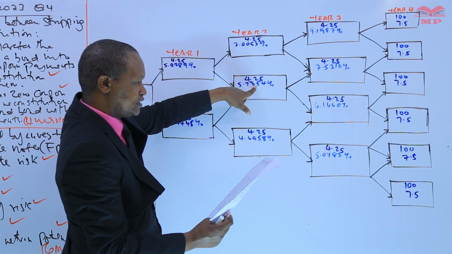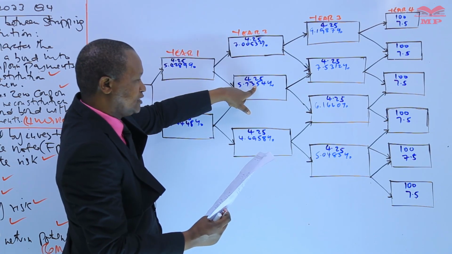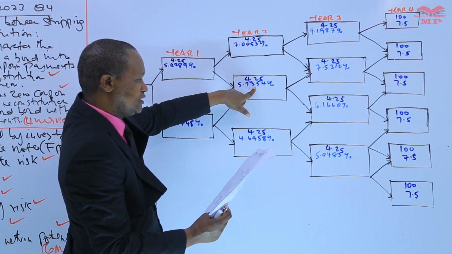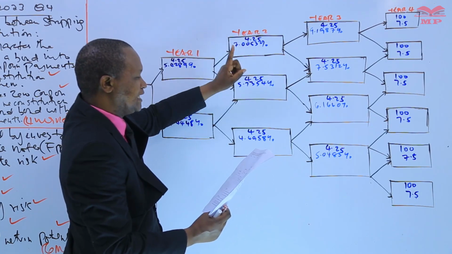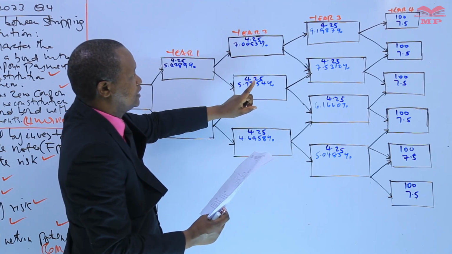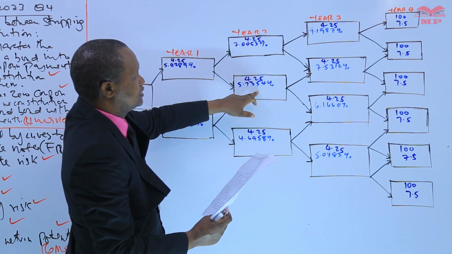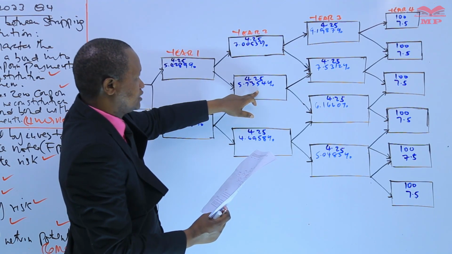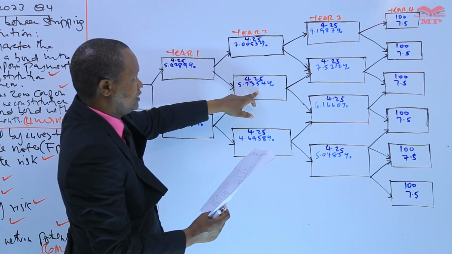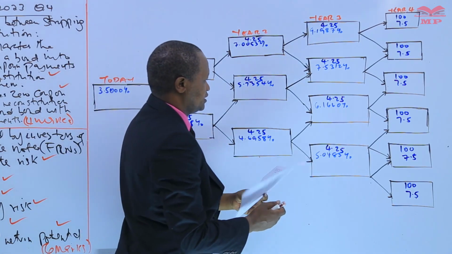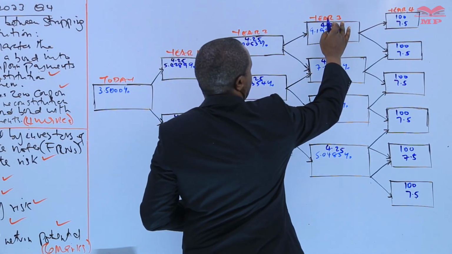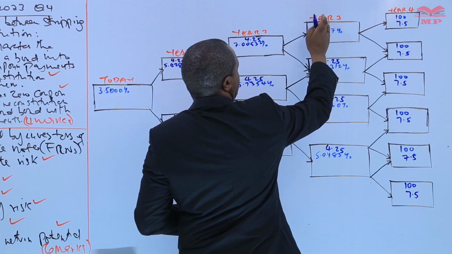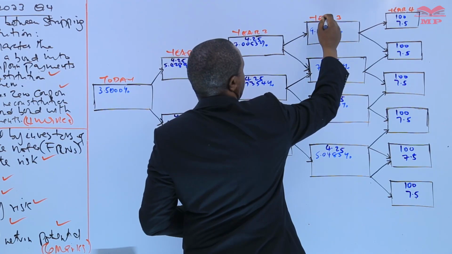Then we read that 7.5% interest for the next 2 years. So we have for the next 2 years 7.5. So this is 7.5. That is from year 3.